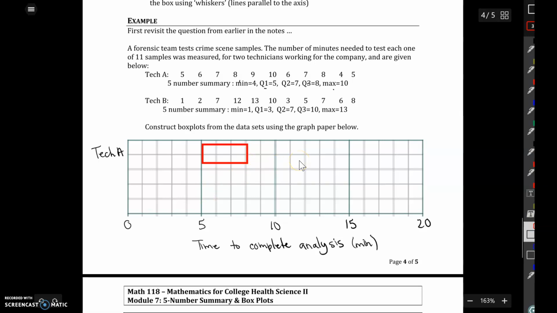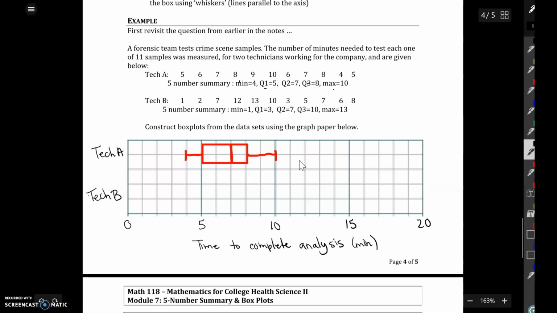Okay, we draw a line at the median value, which for this technician is at 7. We then draw whiskers going from the Q1 value to the minimum and from the Q3 value to the maximum. Our first box plot is done. We're ready to move on to Tech B.